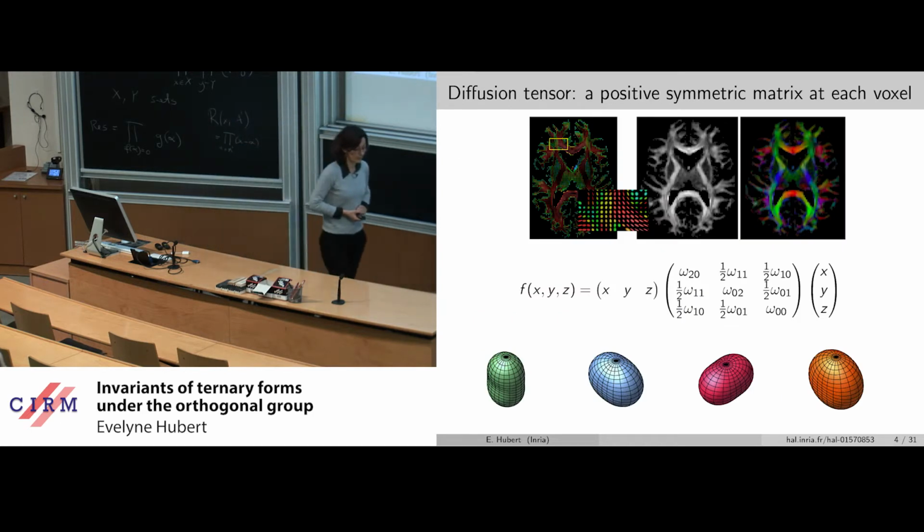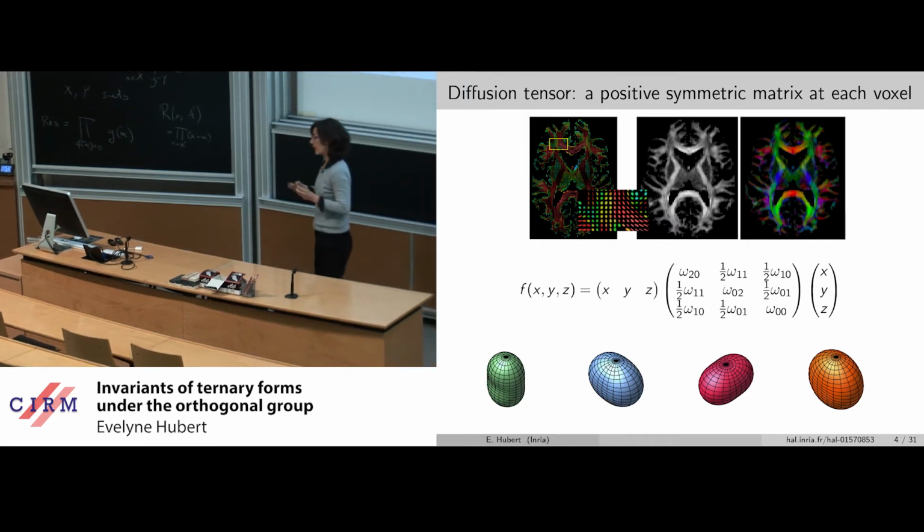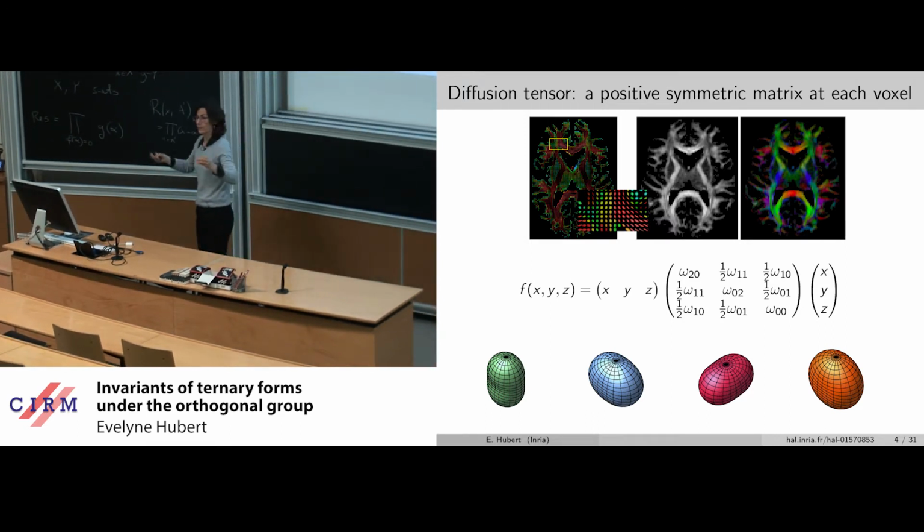So the mathematical model, either for tracking the fibers or for detecting these problems, is how you look at the diffusion. I don't know the process, but in the end, what they have is an approximation at each voxel, so at each little volume element, a function that describes the diffusion of the water.